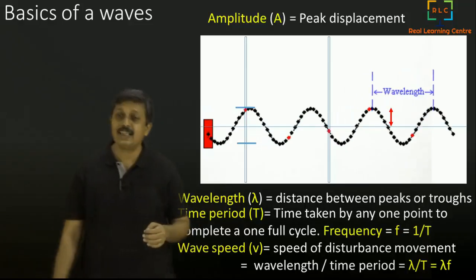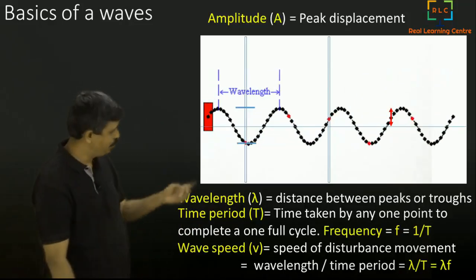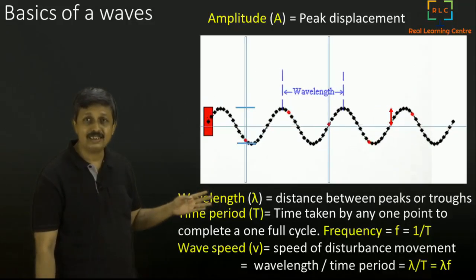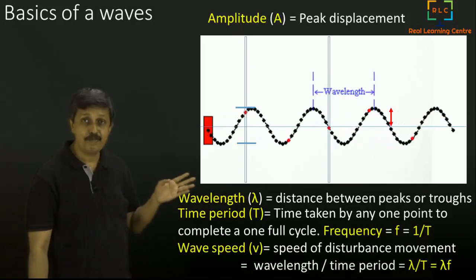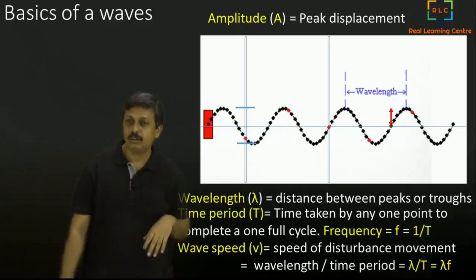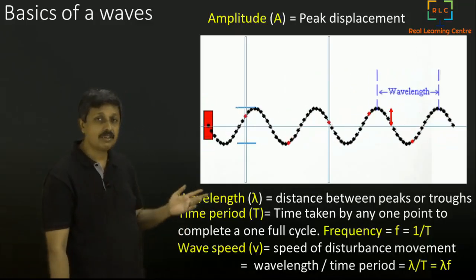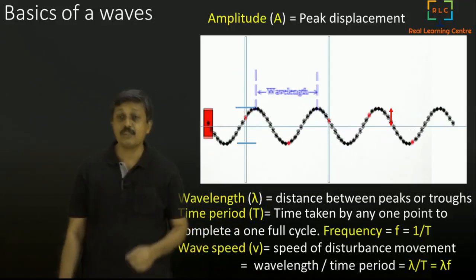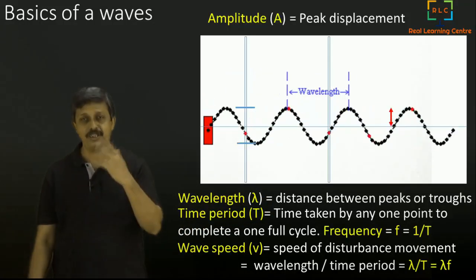Wavelength is denoted by a strange symbol like this, called lambda. It's pronounced lambda, L-A-M-B-D-A. So wavelength is nothing but lambda. Lambda divided by time period T is the wave speed.